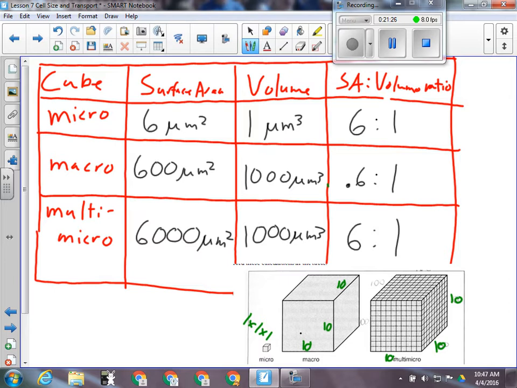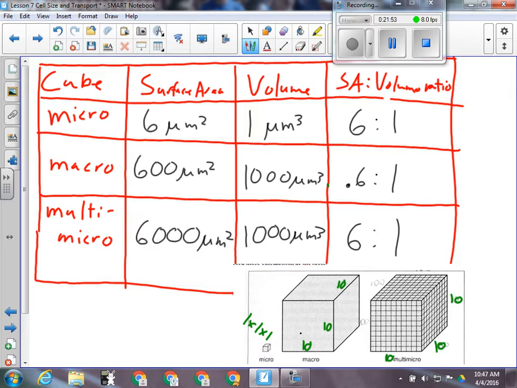If you're made up of a whole bunch of small cells, your surface area to volume ratio should be the same as each individual cell in your body. So becoming multicellular seems to overcome this problem. If you become big as a single cell, you're not going to function. But if you break yourself up into a whole bunch of little cells, you probably still work. That's what that chart is kind of saying to you.